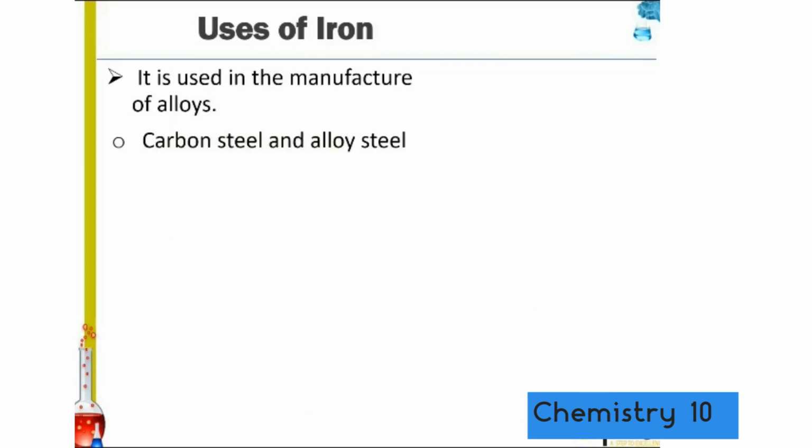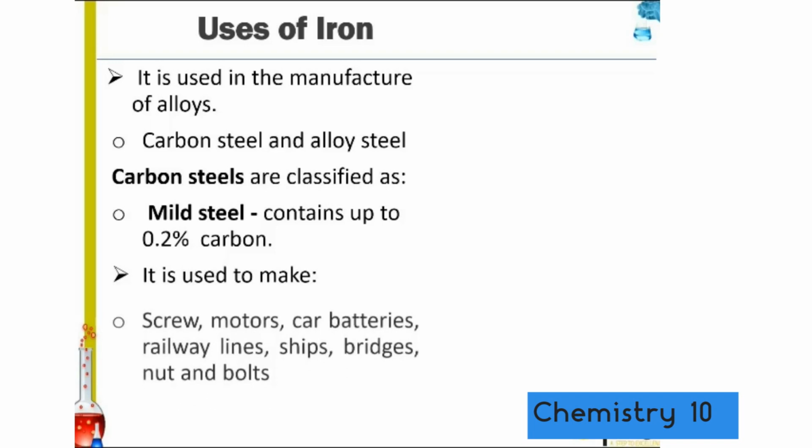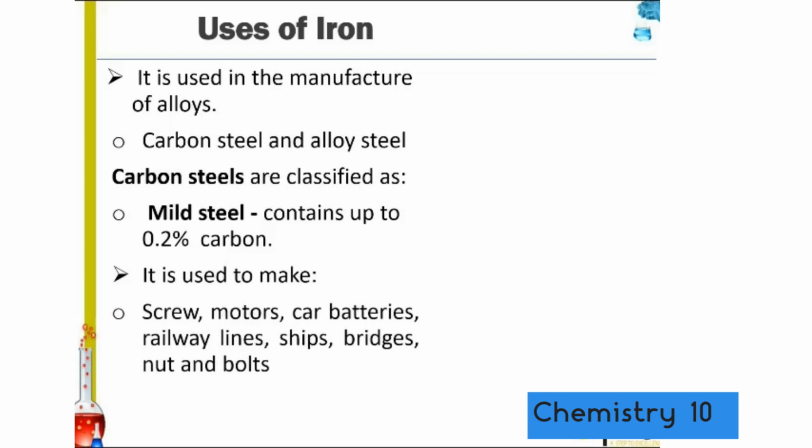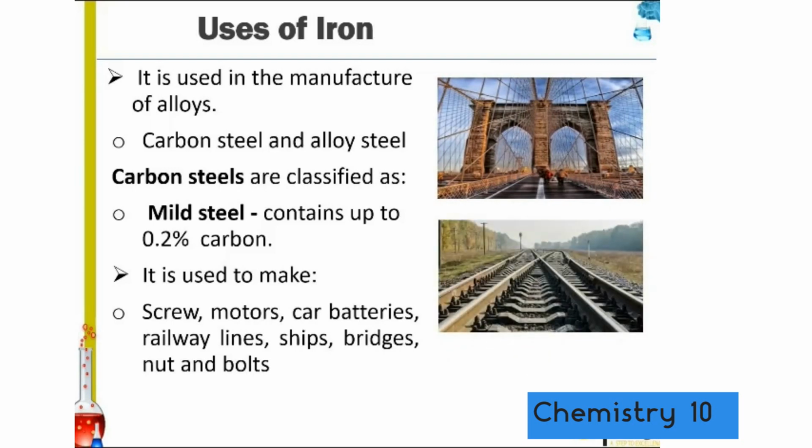Carbon is also used in the manufacturing of alloys, including carbon steel and alloy steel. Carbon steels are classified as mild steel, which contains up to 2% carbon and is used to make screws, motors, car batteries, railway lines, ships, bridges, and nuts and bolts.